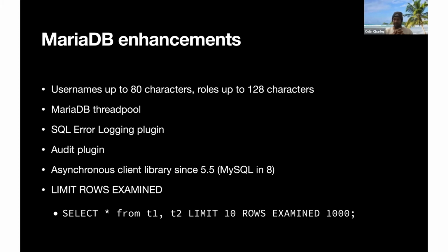There's also this idea of a limit rows examined, which basically the server counts the number of reads, inserts, anything that's modified and deleted rows during the query execution, takes into account the use of temporary tables, as well as sorting for intermediate query operations. Once the counter exceeds the values specified in the limit rows examined clause, in this case 1000, the query execution is terminated as soon as possible.